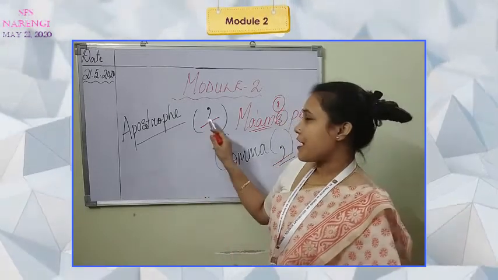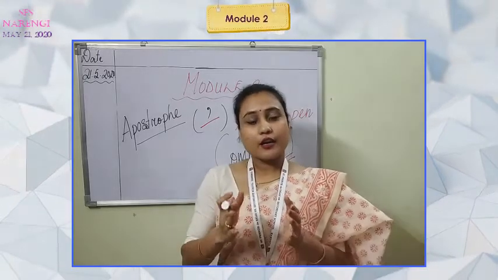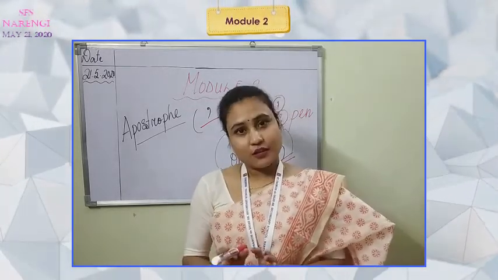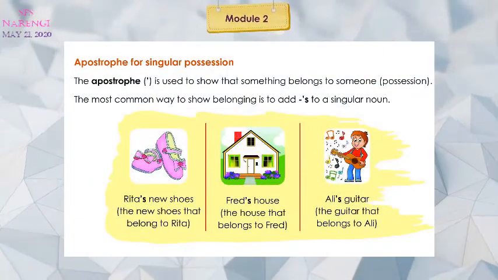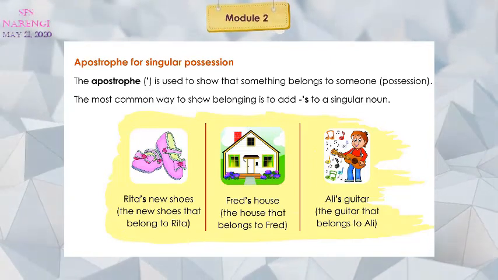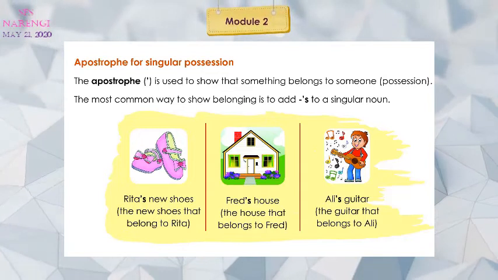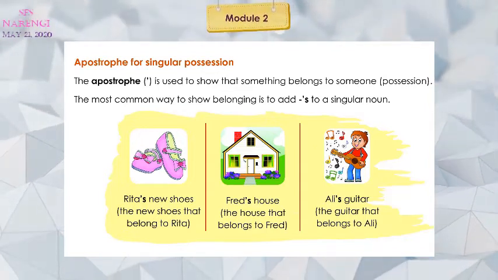Yes, so the apostrophe helps us to show the belonging of a noun. So my dear students, hope you all understood what is apostrophe. So apostrophe is used to show that something belongs to someone, right?